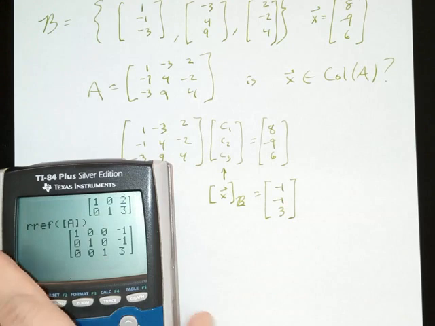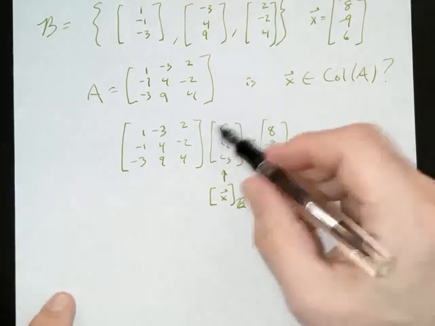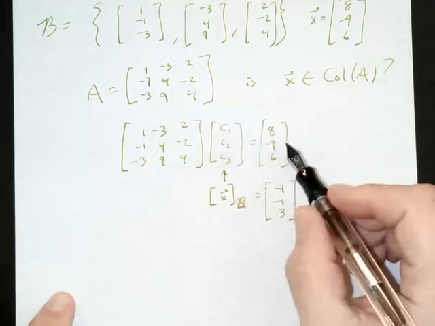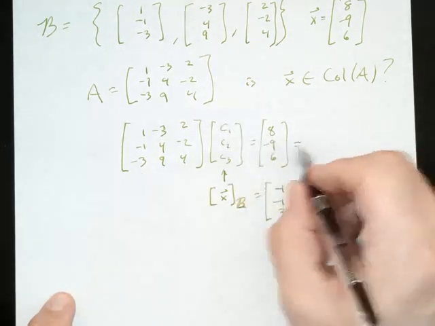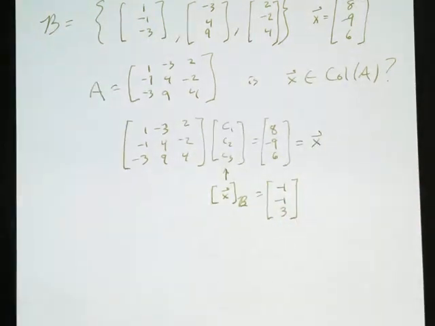Okay, wait a minute. This matrix, when I multiply this thing by this matrix, I get this one, right? This is the regular vector x. That's in terms of the standard basis, yes?